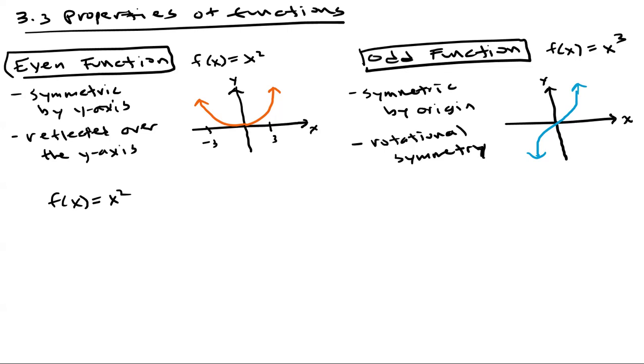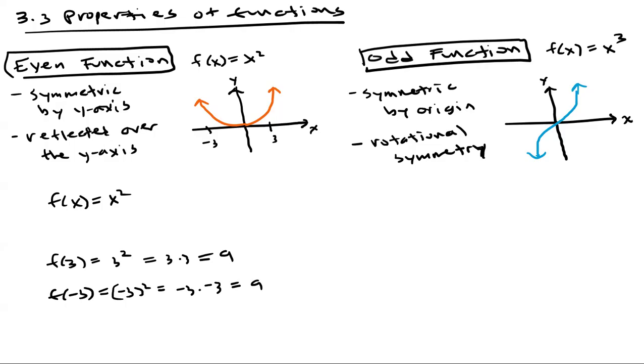If I plug in f of 3, I'm going to have 3 squared, which is 3 times 3, which is 9. If I plug in negative 3, I'm going to have negative 3 squared, which is negative 3 times negative 3, which is also positive 9.